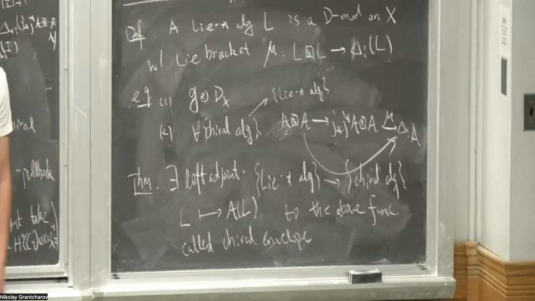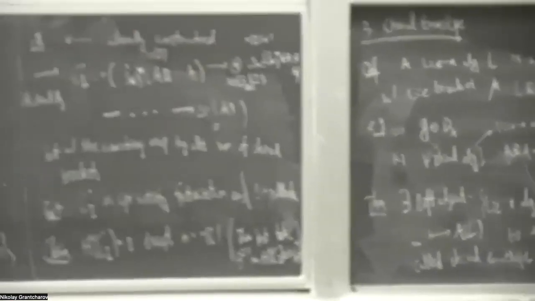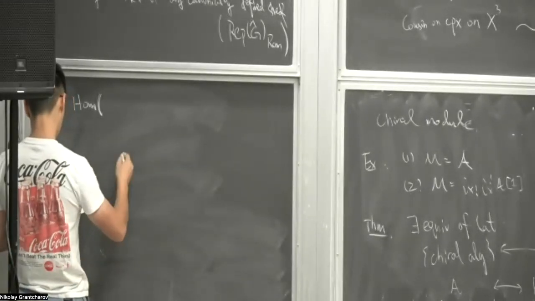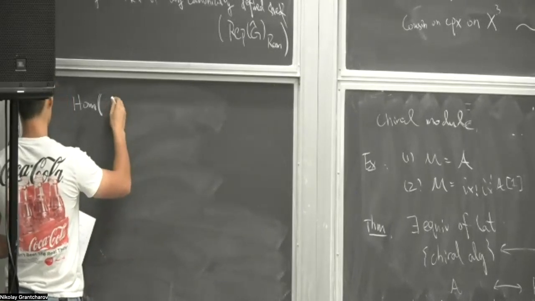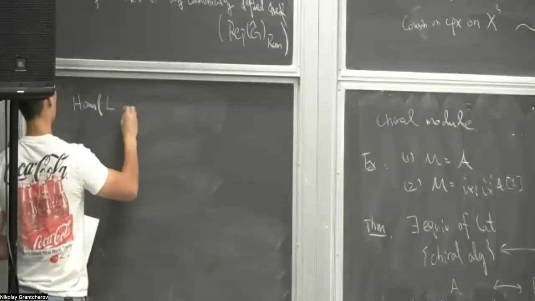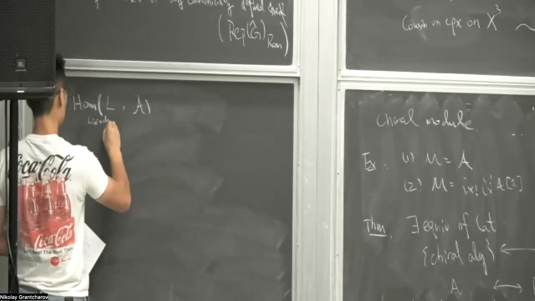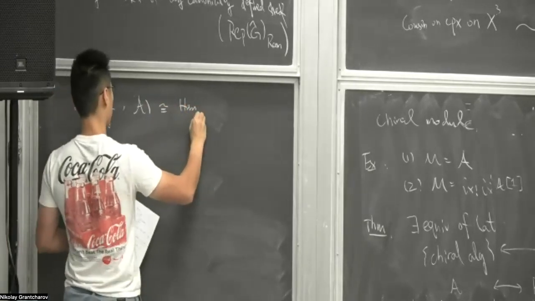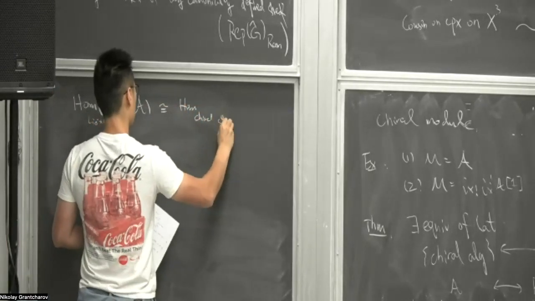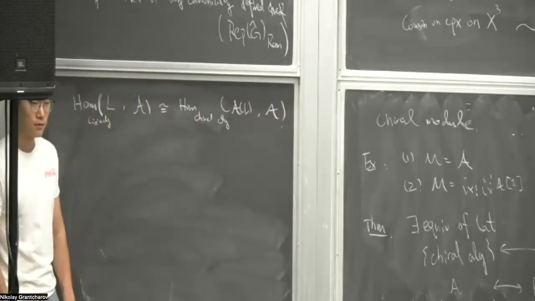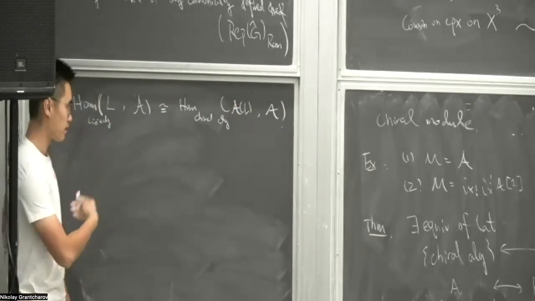Yeah, that one is just like any morphism from the Lie algebra, same as chiral, for any chiral algebra, that's the need.